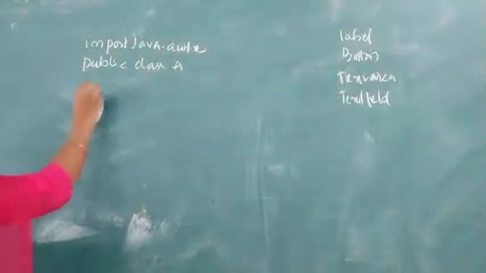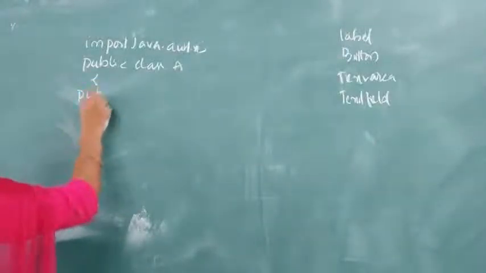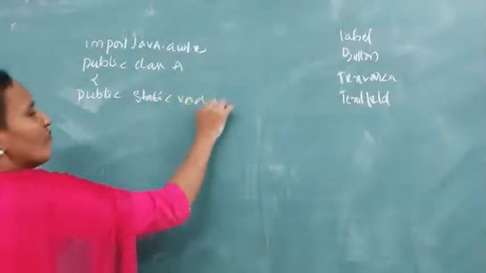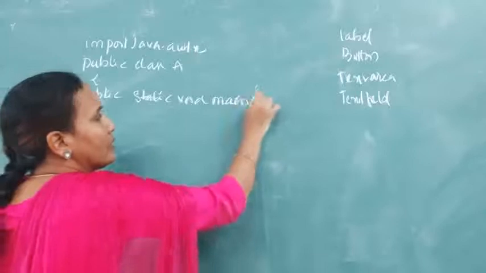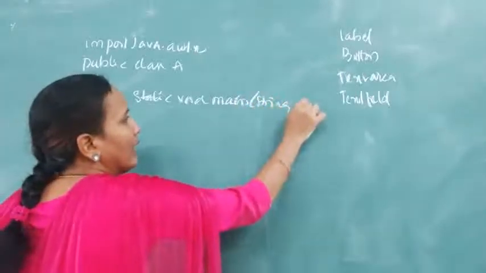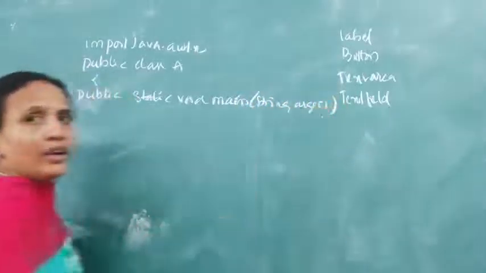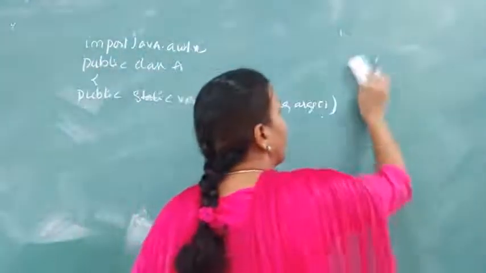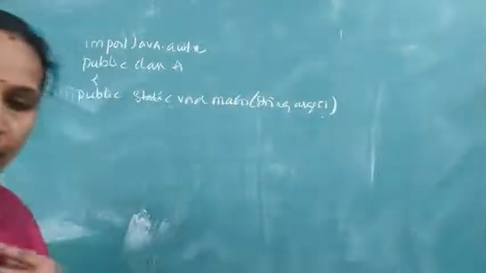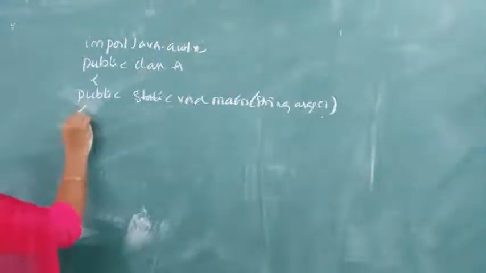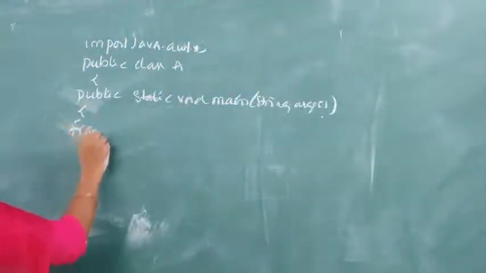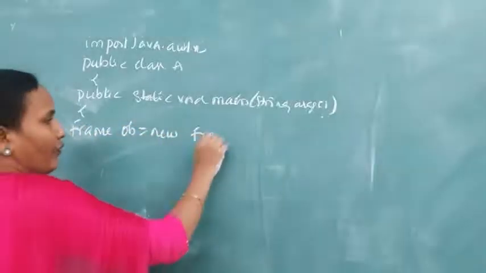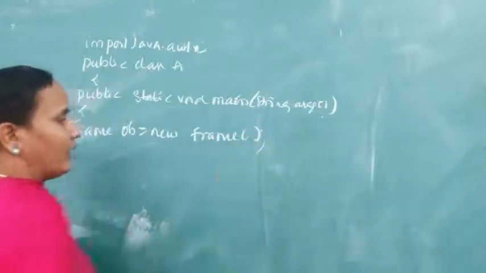Now, public static void main String args. Okay, main method. Inside the main method, we will create the different objects for different components. First, you need to create an object. Frame OB = new Frame. So first you will get a frame.